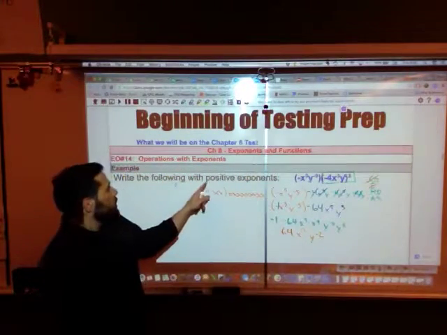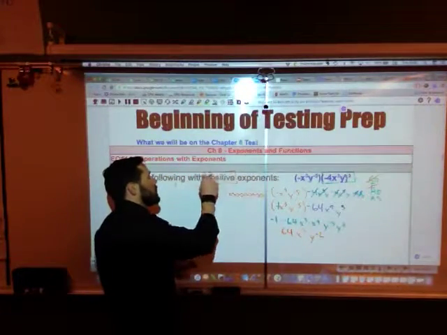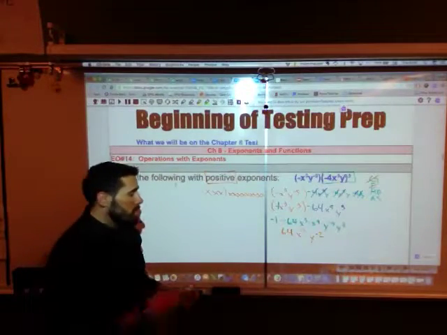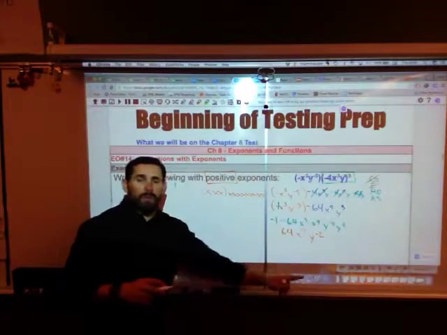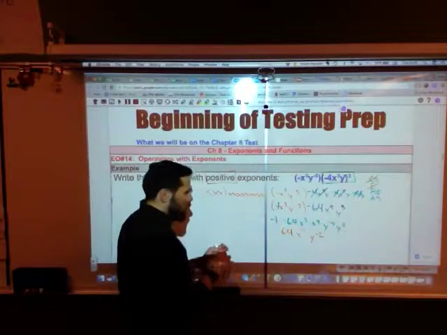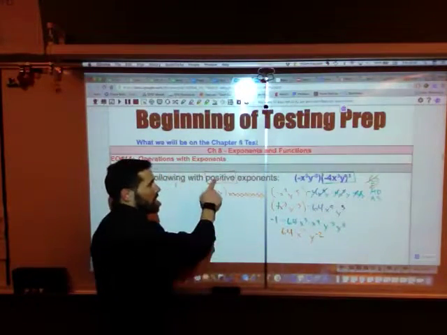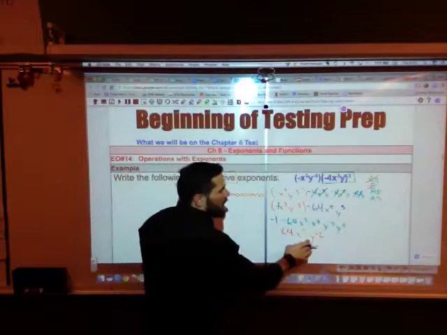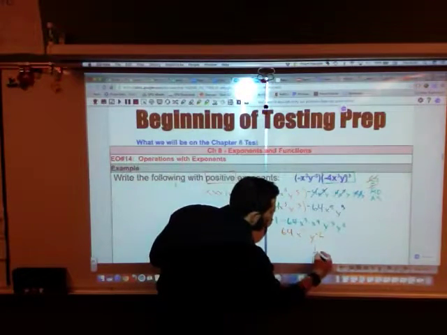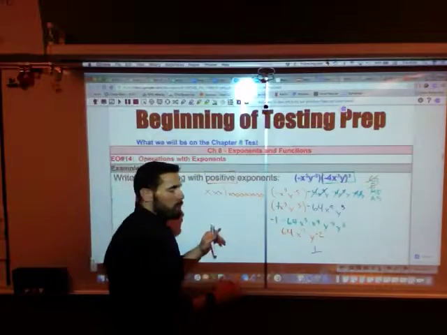I'm almost done except for this rule. I must have positive exponents. So I have all these things being multiplied together. And this one has a negative exponent. That's a problem, according to this instruction. Negative exponents can be written as 1 over, and then turned into a positive exponent.